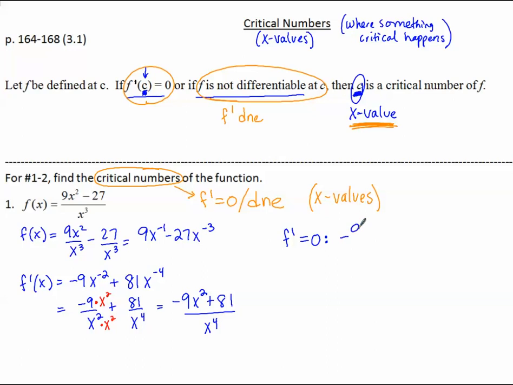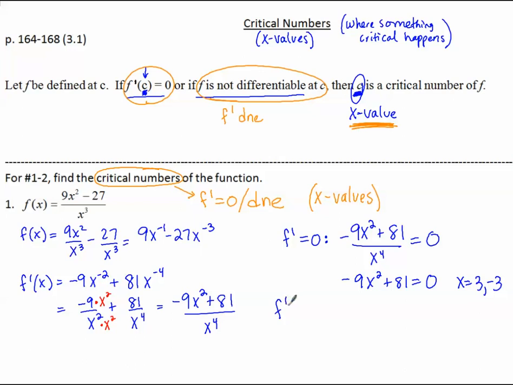Negative 9x squared plus 81 over x to the 4th equals 0. The quotient equals 0 where the numerator equals 0 if I multiply by x to the 4th. So negative 9x squared plus 81 equals 0, and I can do some dividing and find that x equals 3 or negative 3.